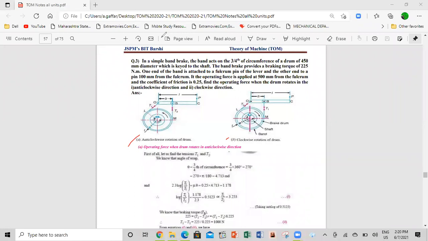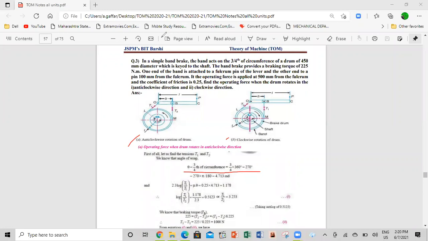First of all, we have to find the angle theta, which is given in the problem as 3/4 of the circumference. 3/4 into 360 degrees, so we got the angle theta as 270 degrees.